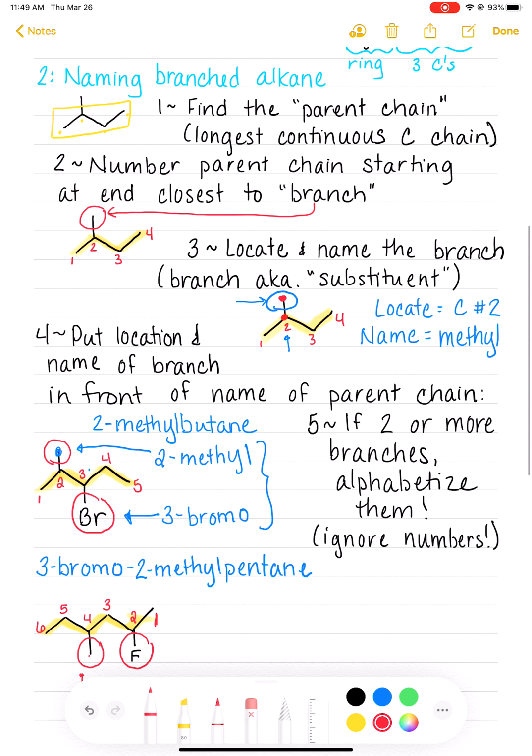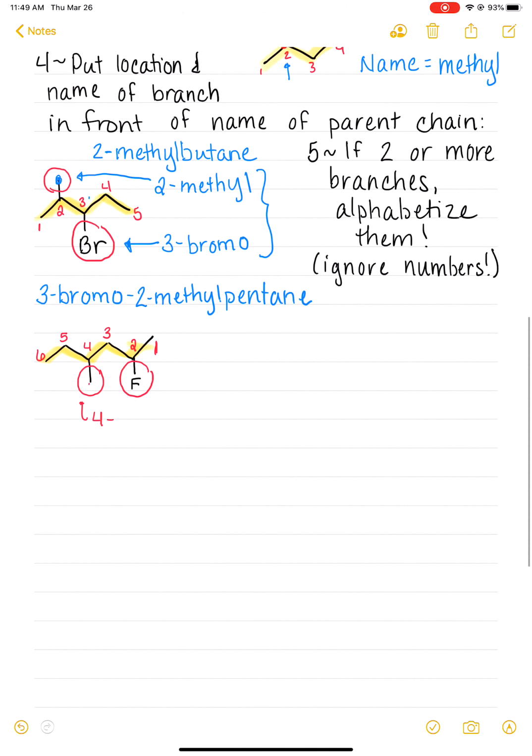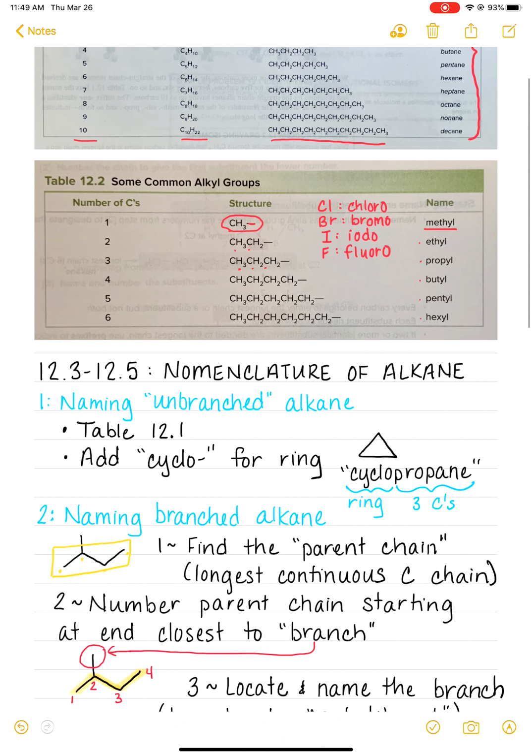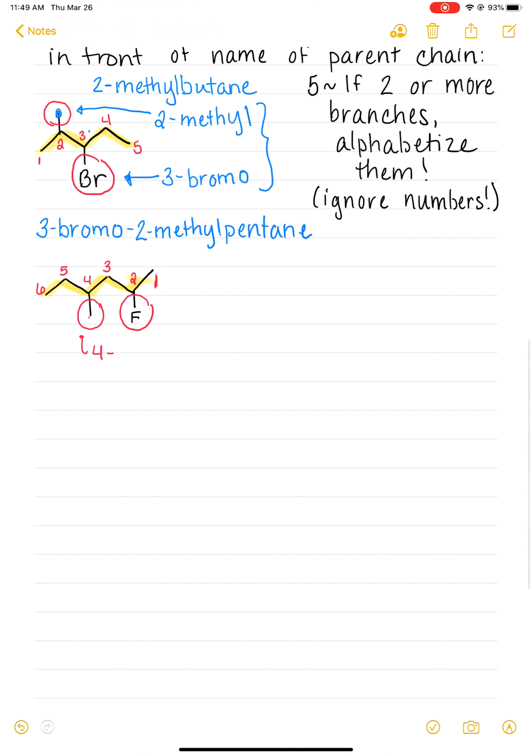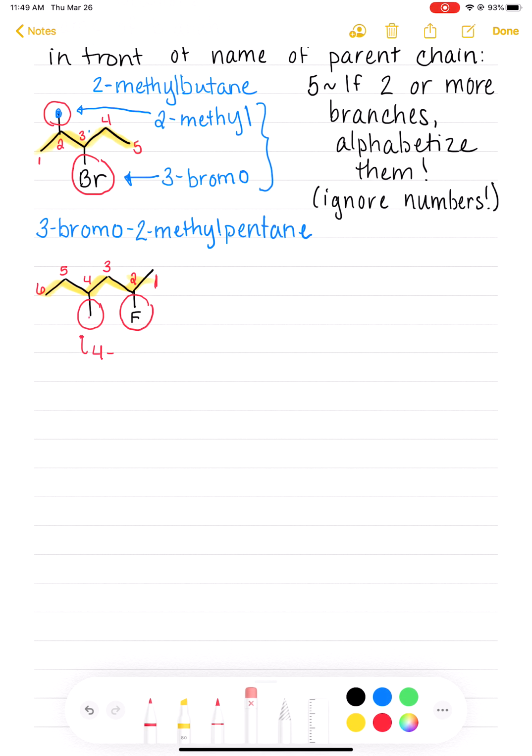Oh, there we go. A 1-carbon branch, up to table 12.2. Its name is methyl. So its location is 4 and its name is methyl.